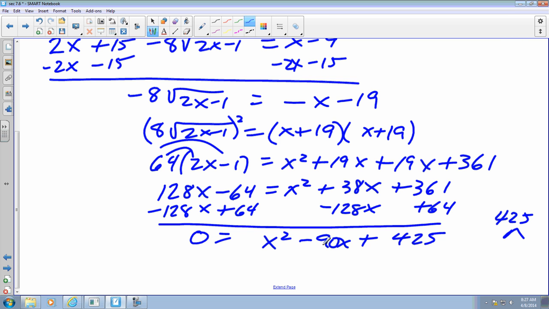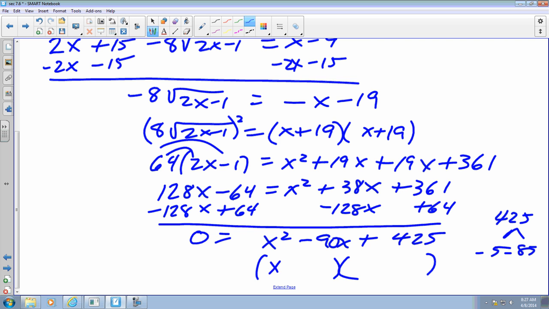So there are going to be two negative numbers. So I'm going to say, well, what is this? This is 5 times what? What's 425 divided by 5? Do I get 81? 85? 85. So how about -5 and -85? Because that would multiply to give me that.